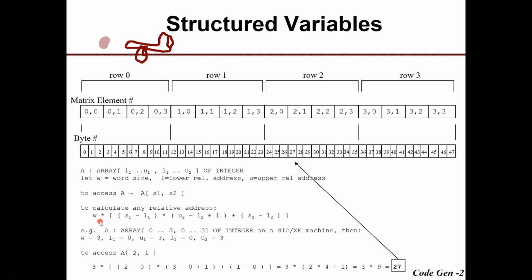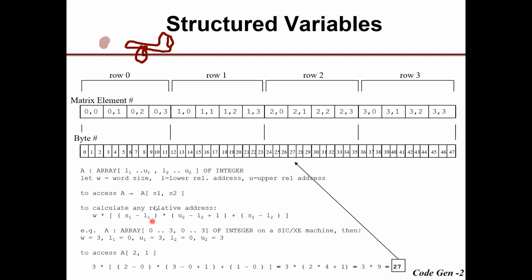So that calculation would be word size, and I probably should move it over here at the end so we don't get all hung up on that, but we're going to take word size and multiply all of this by however many bytes we're jumping over. And what we're talking about in each of these terms is we're trying to figure out how many bytes do we need to jump over to get to the next row or column or element.